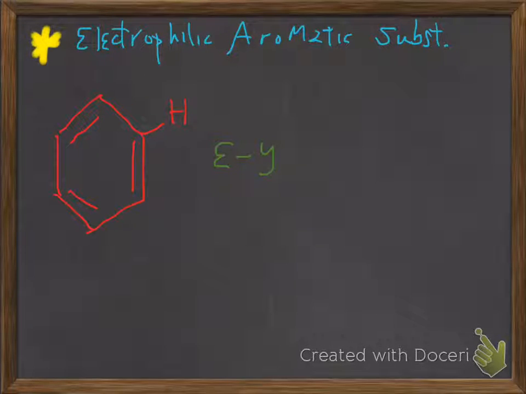So the first thing that happens is one of the double bonds is going to swing out like a lever and attacks the delta positive E portion of the other compound. Boom. Sound effects optional. Now something has to break or give, or otherwise that E is going to have too many bonds around it. So the bond between the E and the Y breaks, just like what we've seen in the past. And the Y leaves.